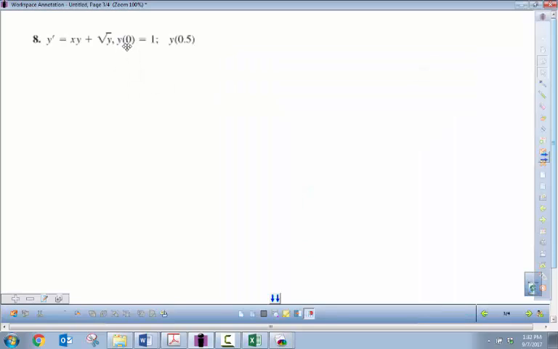Anyways, if we think back on some of the things that we've been talking about, is this separable? It's not separable. Is it linear? It's not linear because the y is taken to the square root. What else? Is it exact?